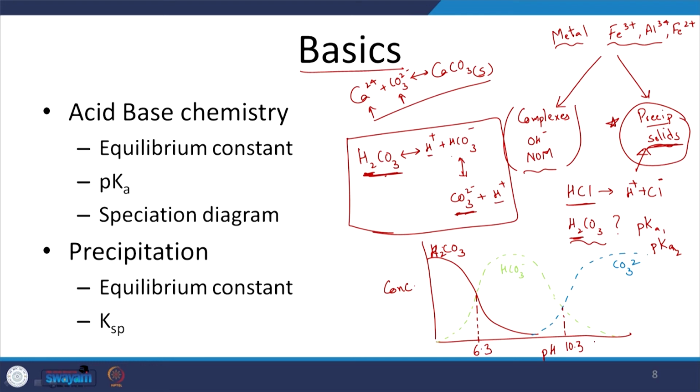As you can see, if the pH is around 4, somewhere out here, and I add H2CO3, most of it will stay as H2CO3 and very little will dissociate to form HCO3-. Why is that relevant? Because only when it dissociates will H+ be given out.